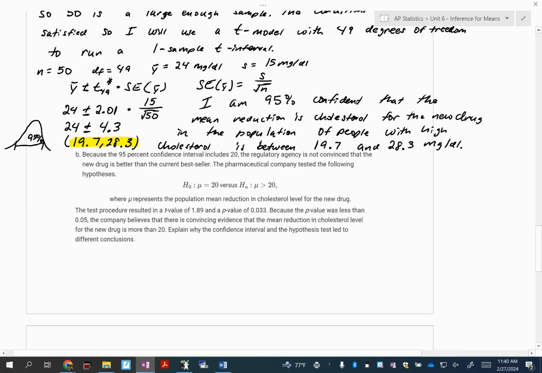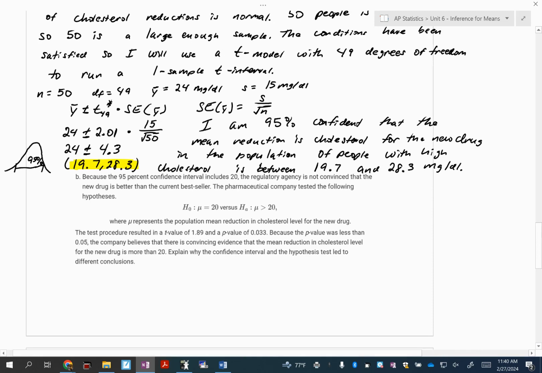So this interval would not be enough evidence to say you can go ahead and think that it's more than 20 on average for the reduction. So the company is probably not going to produce this drug, at least at this time. So part B then, they're not convinced that this new drug is better, even though it looks like it is. Statistically, it's not significant enough for them to decide to invest all this money.